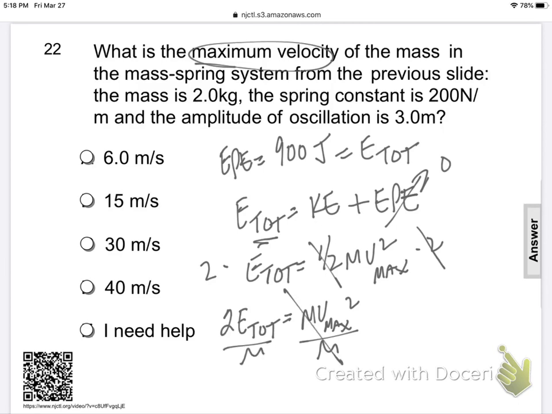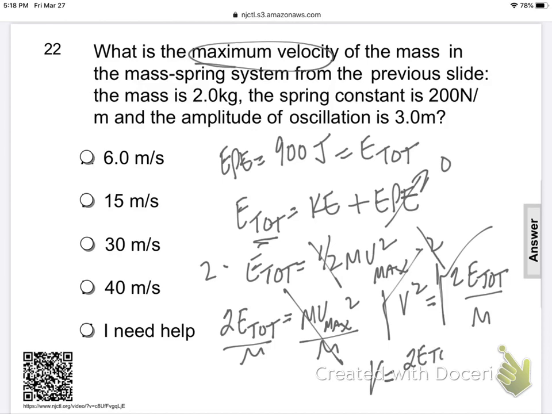Now we have v squared equals 2 E total over mass. Well, we don't want v squared, we want v, so we can take the square root of both sides. And now we're going to have velocity equals the square root of 2 times E total over mass.